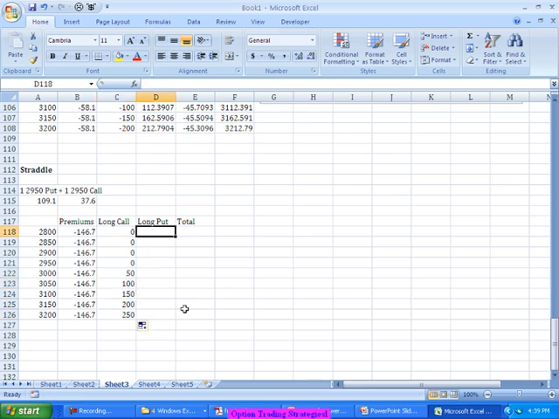Same way for the put, because I have purchased a 2950 put, I will exercise it if the market price is less than the strike price, right? So anything above 2950 I will not exercise it at all.